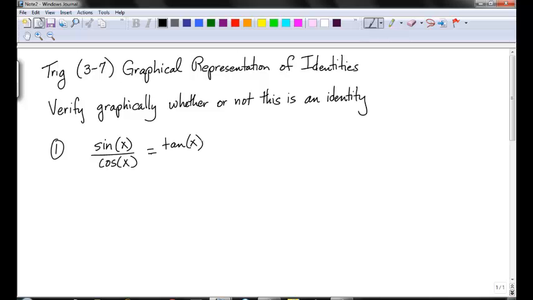Now the way I want you to do this is I want you to take the calculator and graph the left side in y sub 1. Now you need to make sure you're in radian mode. We should still be in radian mode. And probably zoom Trig to start.